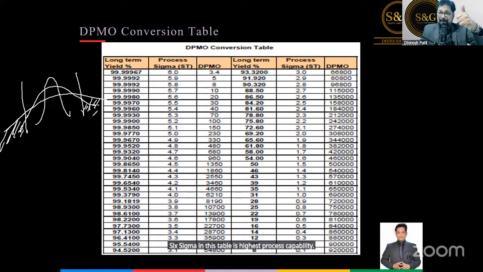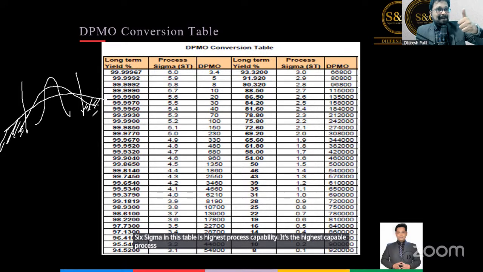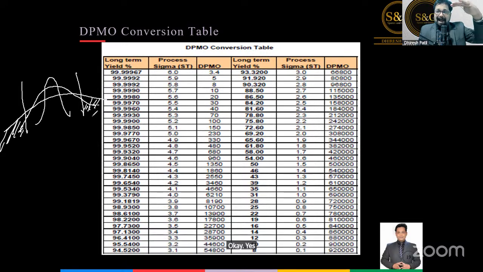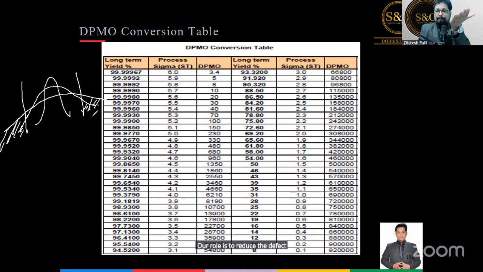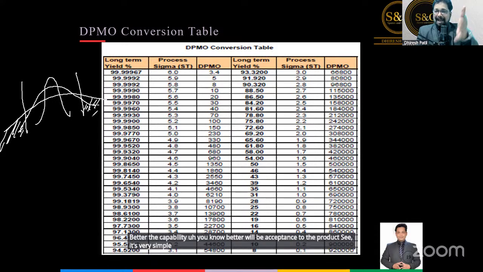The highest capable process is a 6 sigma process. Okay. And as my defect goes up, my sigma, my process capability goes down. Our role is to reduce the defects and increase my capability. The better the capability, the better the acceptance of the product. See, it's very simple.